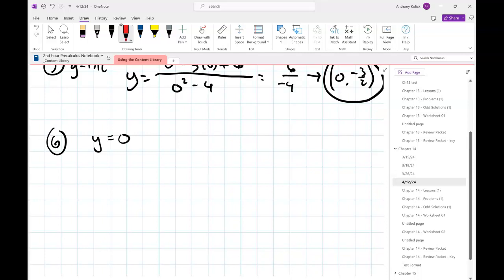What does this rational function have to look like if it has the horizontal asymptote of y equals 0? The degree of the numerator has to be less than the degree of the denominator. Does anything else matter? It just has to be a rational function that meets that criteria.